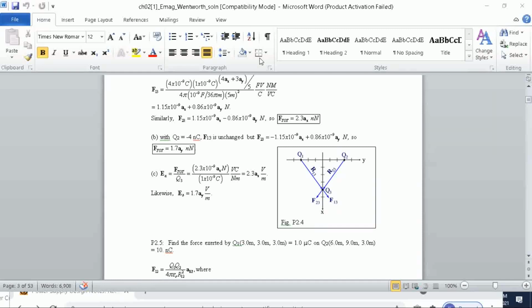So when it says the force exerted by Q1 on Q2, you consider moving from Q1 onto Q2 for the position vector. So you are Q1 and you're pushing on Q2.